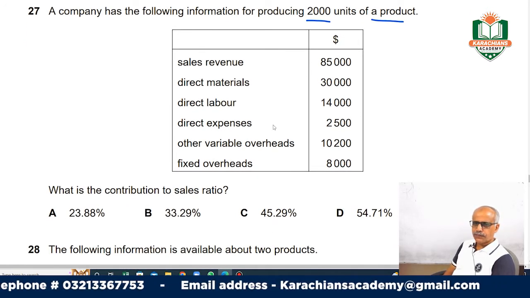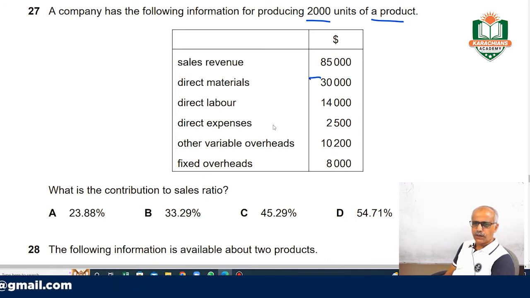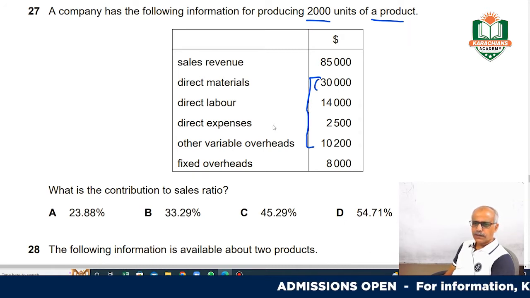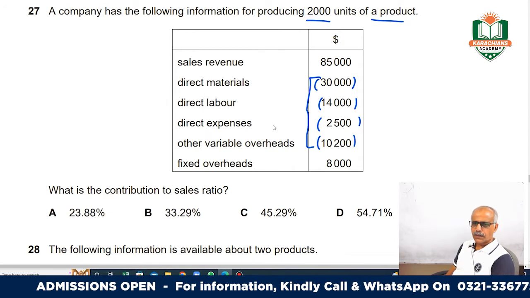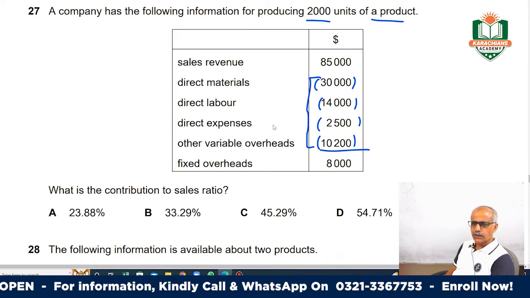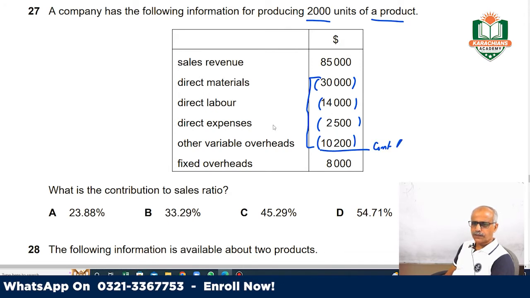All of these up to here are variable costs. Deduct this whole variable cost and you will get the contribution margin.